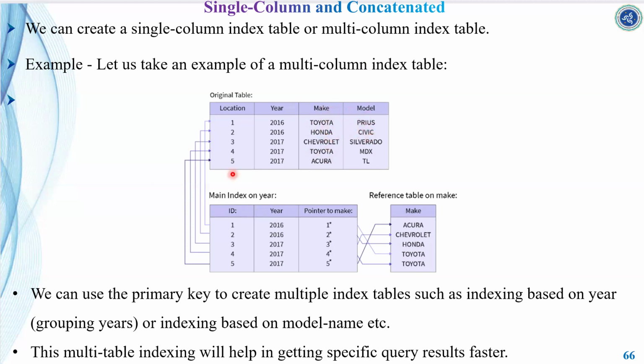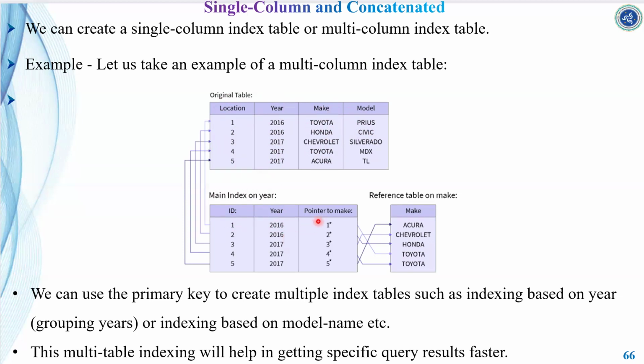In this, the main index is done on the attribute field value year. Here I have the main IDs 1, 2, 3, 4, 5, and the year: the first and second are 2016, and the last one is 2017.